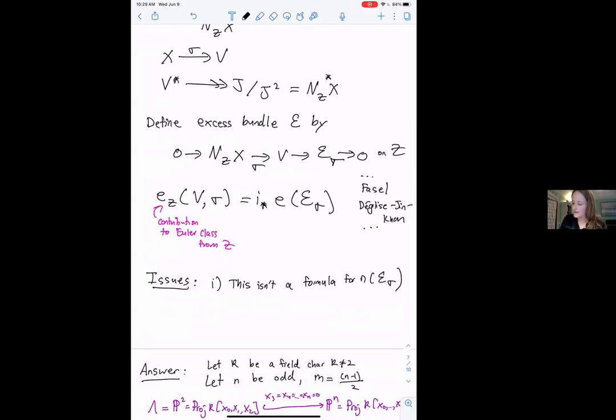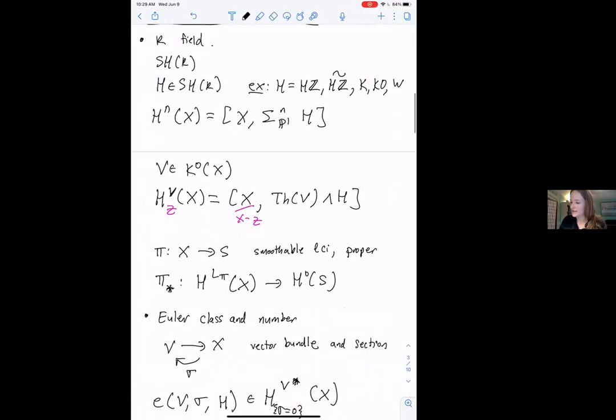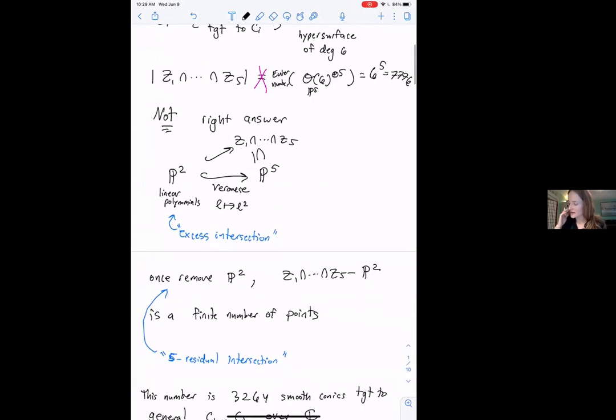And then issue number 2 is the hypothesis is frequently not satisfied that you had a regular embedding. So the truth is that inside Z, this appears with non-reduced structure.